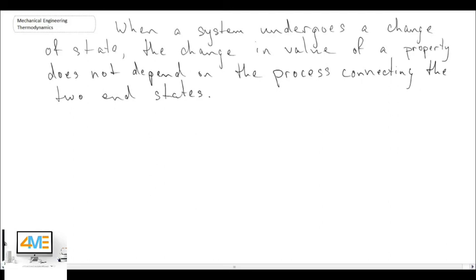Now, if we do have a value that does depend upon the process path between the two end states, that means that that quantity is not a property.